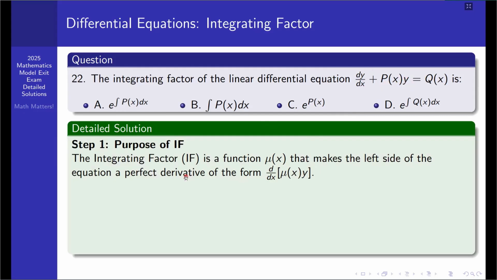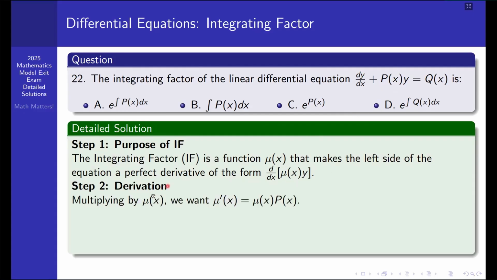a perfect derivative of the form d by dx of mu of x times y. That means we need to find the function of this form, which is perfectly the derivative, for the left side of this linear differential equation. Then, multiplying by mu of x, we want mu derivative of x equal to mu of x times p of x.